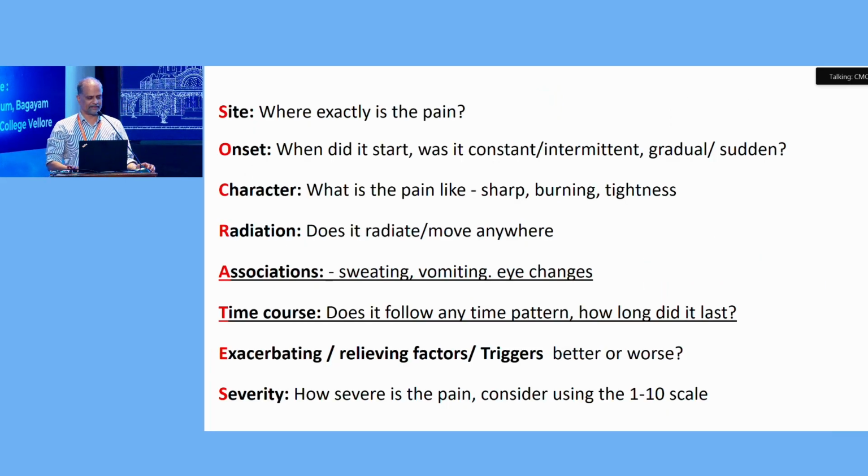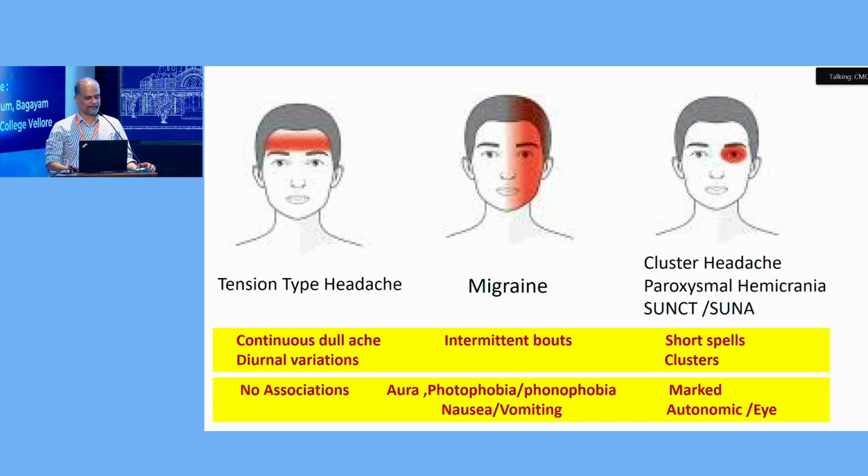Association and time duration are other clues. In tension type headache, it will be continuous, there may be a diurnal variation, and there won't be any other associated features, whereas migraine will come in bouts, and there will be other features like photophobia, phonophobia, nausea, vomiting. The trigeminal headaches will be very short lasting clusters with marked autonomic features around the eye, like conjunctival congestion and watering.